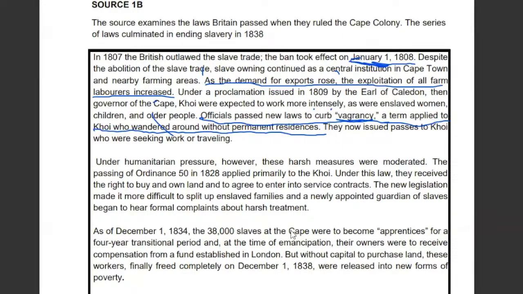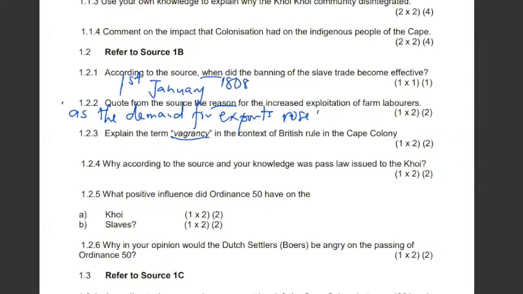So in this sense, a vagrant is someone who just wanders around without permanent residence.